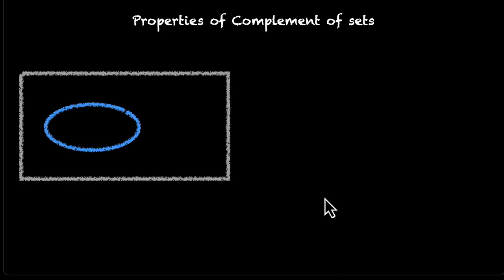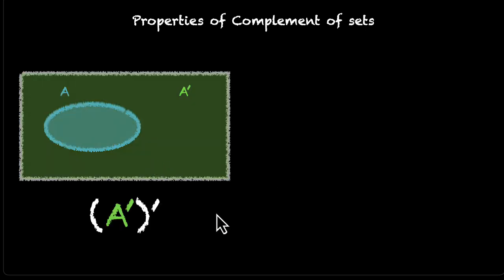Let's say we have A dash, but we're not satisfied. We take the complement of A dash itself. So we have A dash, but we want to find A dash dash, the complement of A dash. What do we get? Think about it. Complement means we're taking the opposite. So when we first took the complement from A to A dash, we moved outside the blue line.